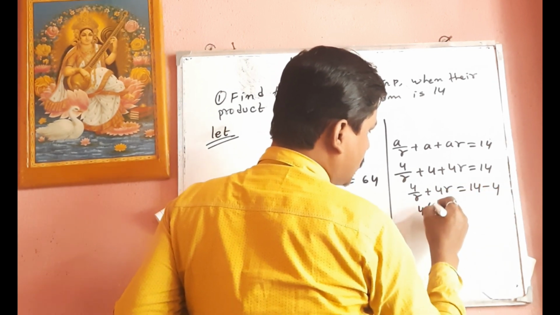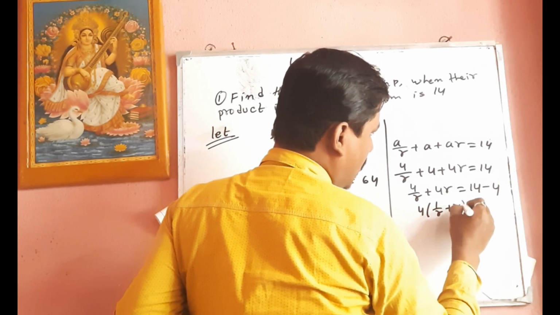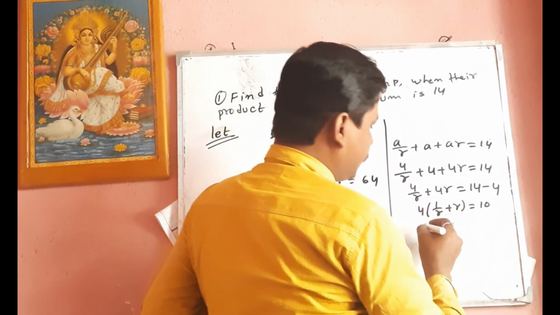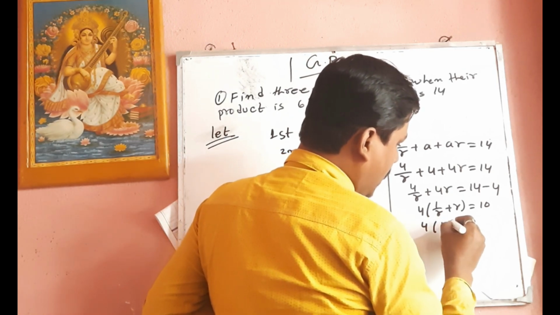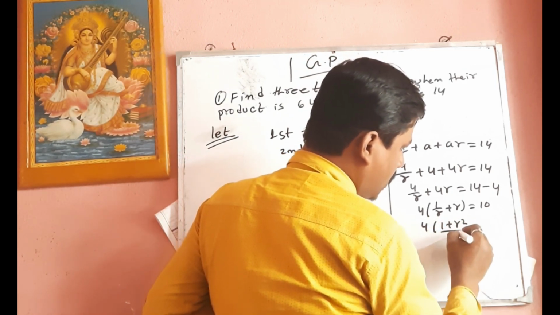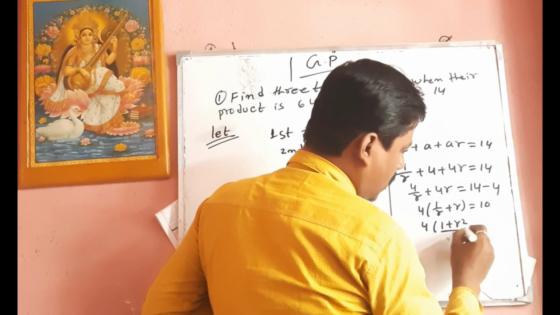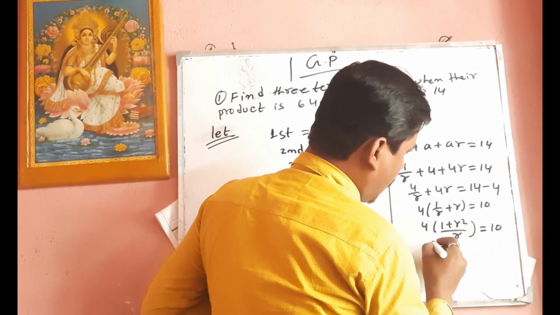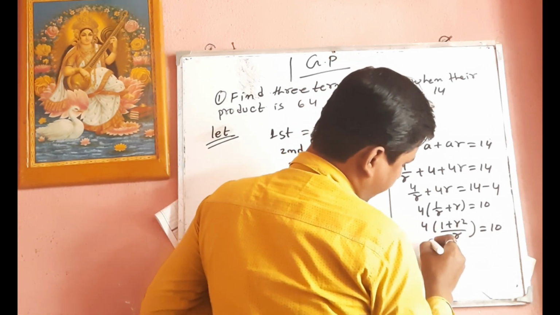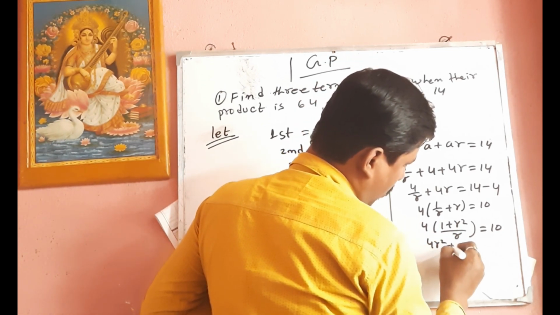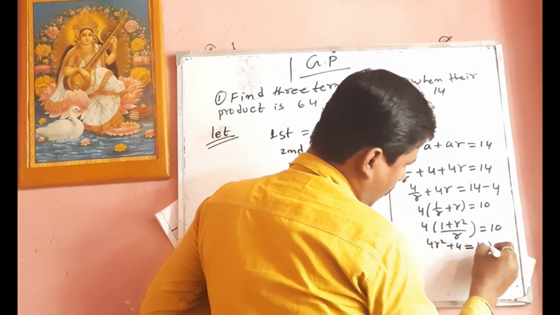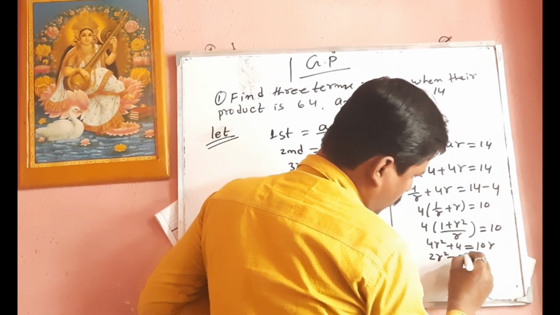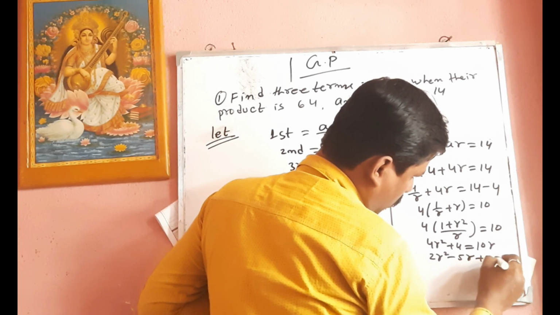If we take 4 in common, then 1 by r plus r is equal to 10 divided by 4. Now calculating this, we get 4r square plus 4 is equal to 10r. And now 2r square minus 5r plus 2.